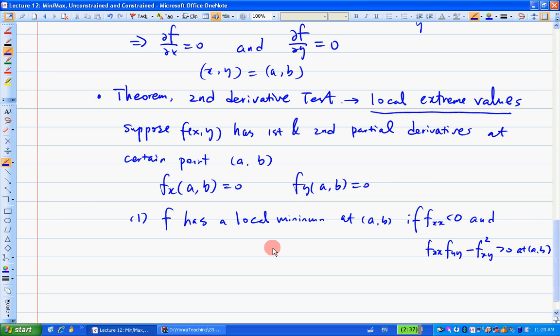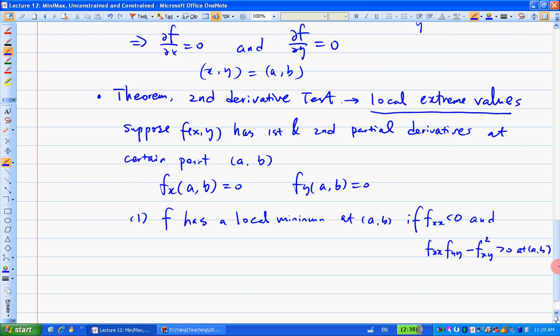Okay, so that's the first situation. So f has a local minimum at this critical point (a, b) if the second partial derivative fxx is positive, and this multiplied by fyy minus fxy squared is greater than 0. That means this point (a, b) will be a local minimum.